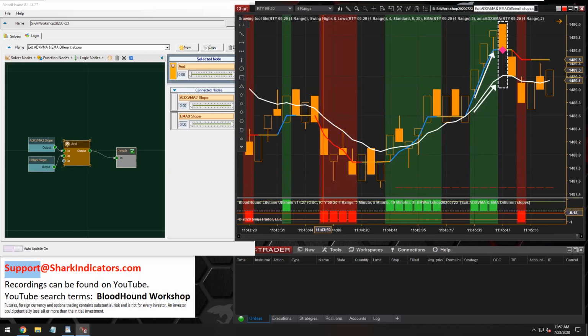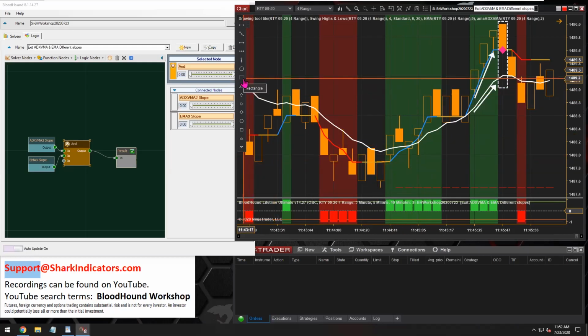So if there's a short output, then we know both moving averages are sloping down. If there's no output, then we know the slopes do not match each other. And of course, if there's a long output, then both the moving averages are sloping up together.